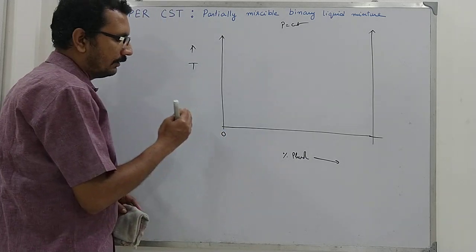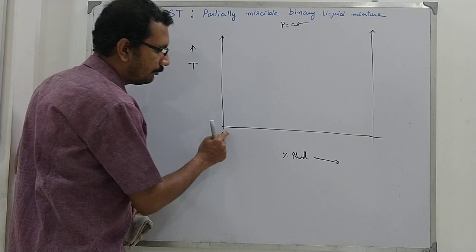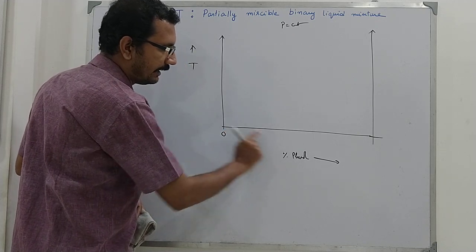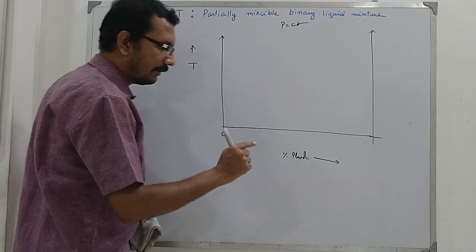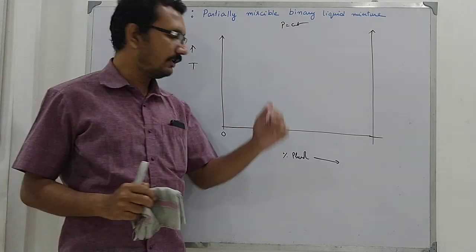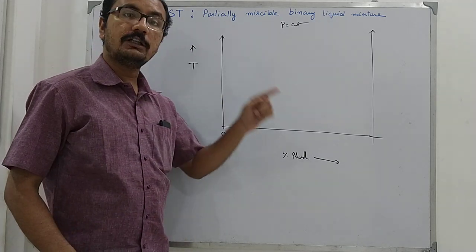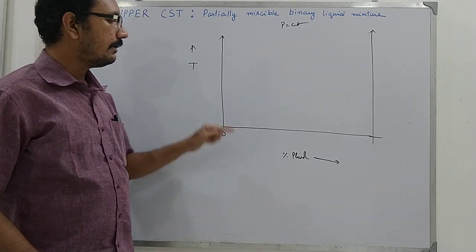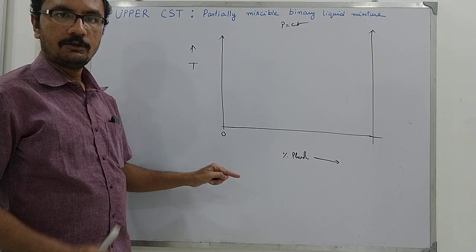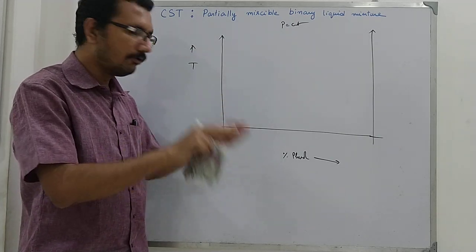And with increase in phenol, we are moving towards the right of this axis. With increase in phenol, a point will come where no more phenol will undergo dissolution, that is, a saturated solution of phenol in water is achieved.